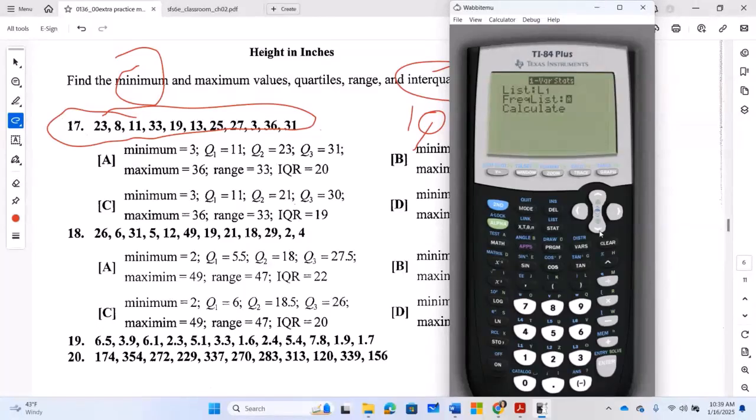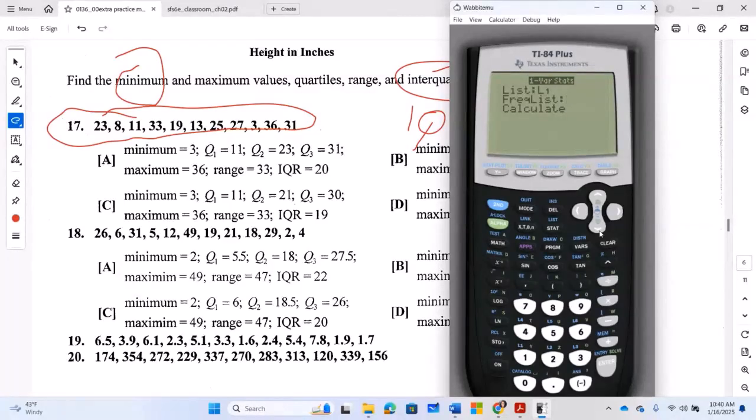Okay, so the data I want to sort in ascending order is in L1, and I'm calculating this data, one variable stat. My calculator wants to know if I have frequency. No, I don't have frequency, because this is not a grouped data.